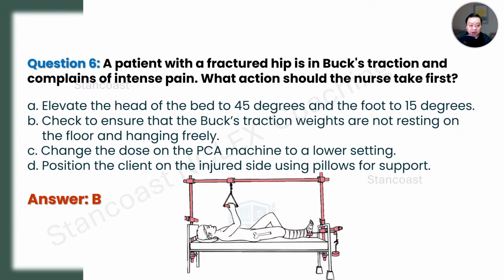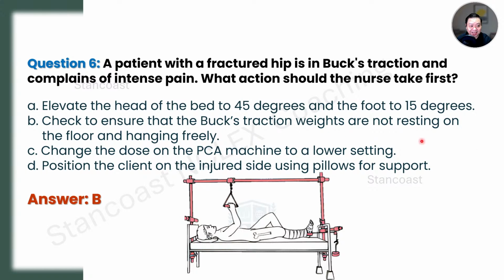The weight should not exceed 8 to 10 pounds, which is equivalent to 3.5 to 4.5 kilograms. There's also some elevation of the foot part of the bed to maintain the traction. Box traction is a type of skin traction. This is only to temporarily reduce the pain and also to relieve muscle spasm.